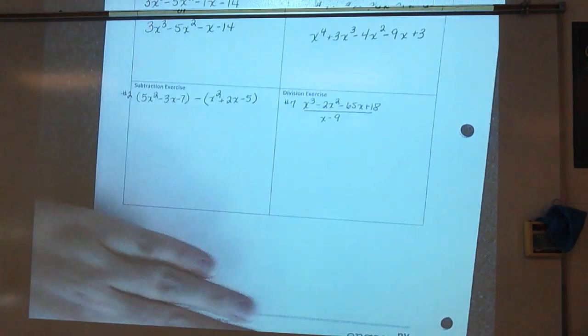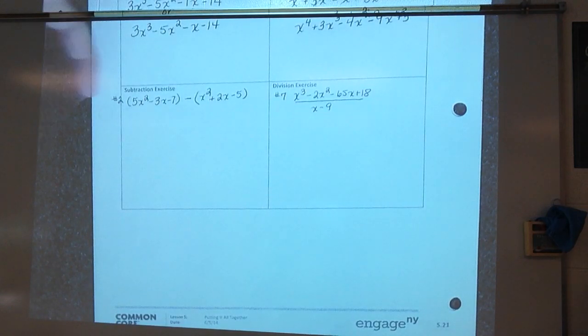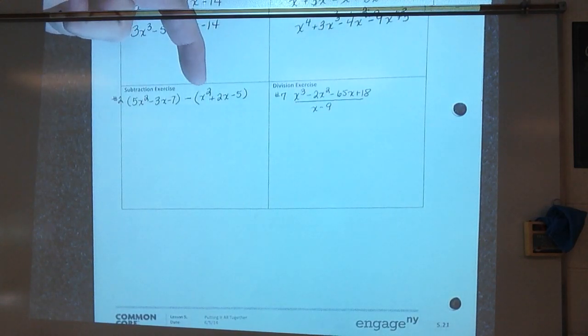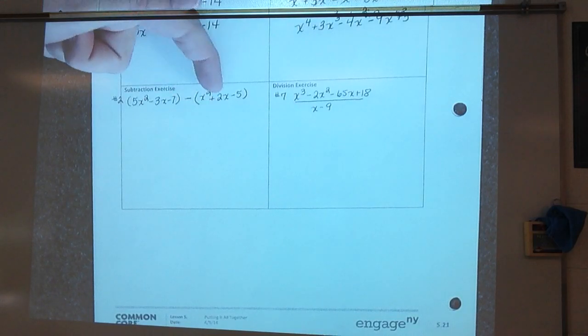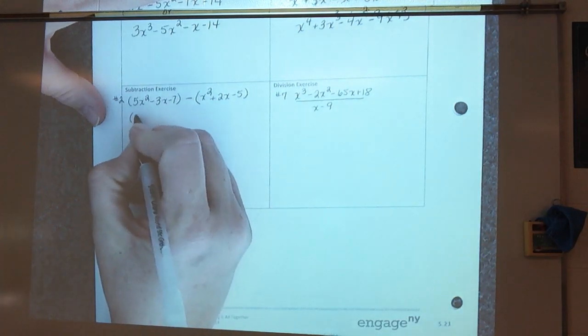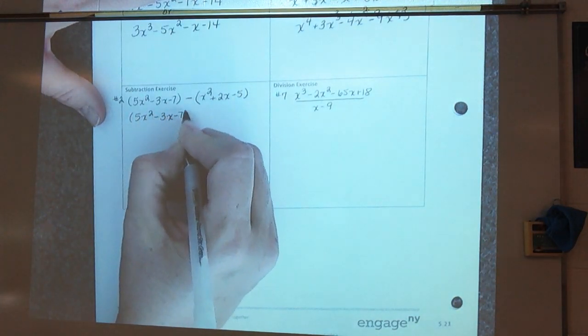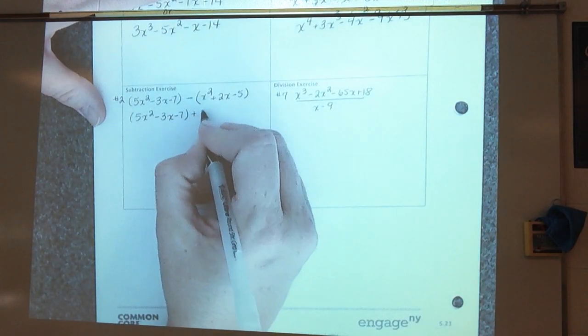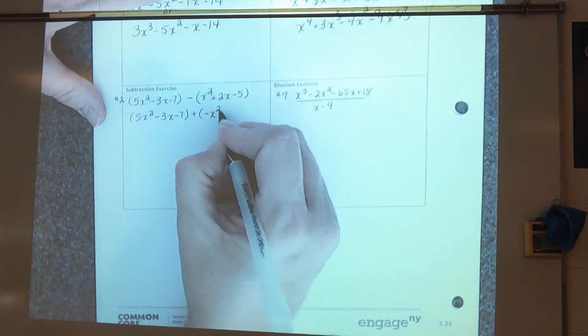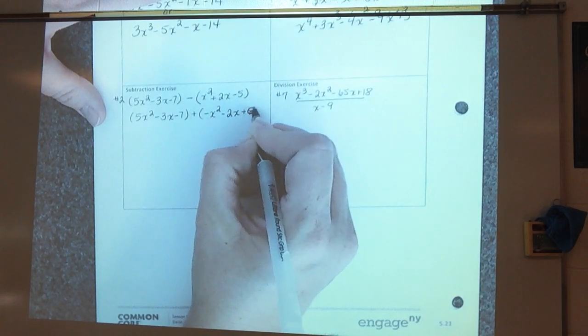All right? For my subtraction, I chose number 2. Here's what I need to know about subtraction. If you remember, if I subtract something, that becomes the opposite. So I can rewrite this as 5x squared minus 3x minus 7 plus a negative x squared minus 2x plus 5.